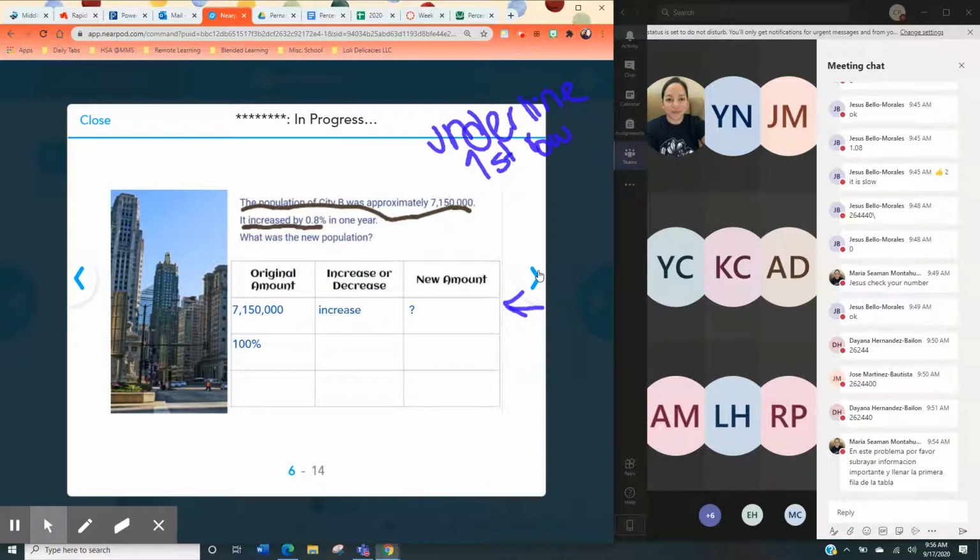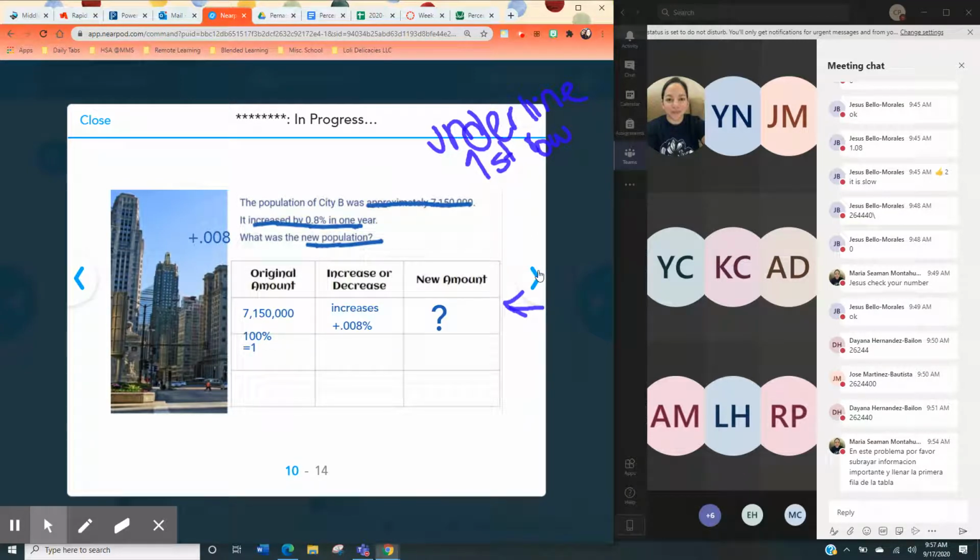This one looks really good so far. This one also looks really good so far. This person can continue on to the second row. Good. This one also looks good. This one looks good so far.